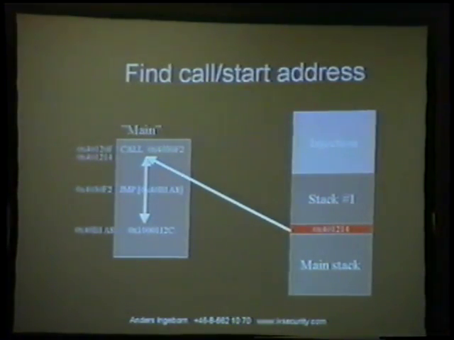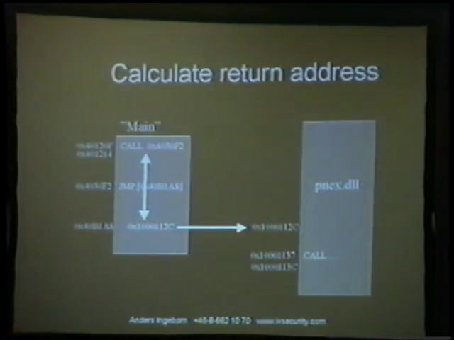And a fixed distance down the code segment in the main function is the jump table, which the operating system has patched for the correct address to where the dynamically loaded library is currently being placed. And this address, of course, points into function number 1 in the library, in the DLL. And then a fixed distance down from the entry point in the DLL of function number 1 is the call to function number 2 in my example.